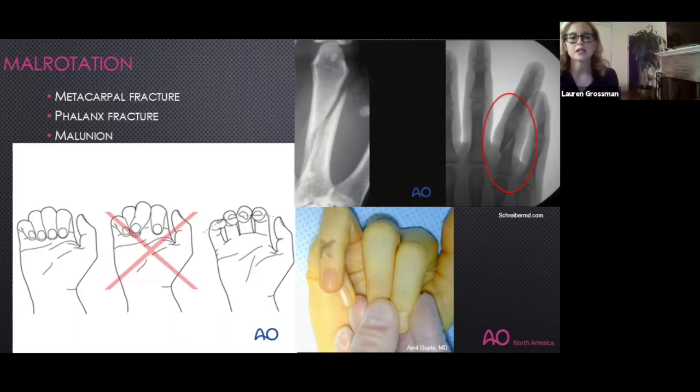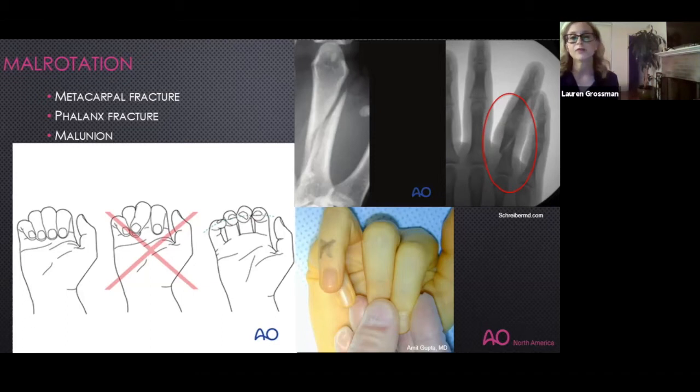As you can see here on the top, there are examples of both a metacarpal fracture and a proximal phalanx fracture. It isn't always quite so obvious, as I've seen many fractures that look completely non-displaced on an x-ray, but upon performing this exam in the office, the patient has malrotation.